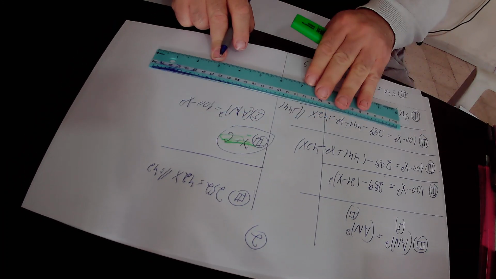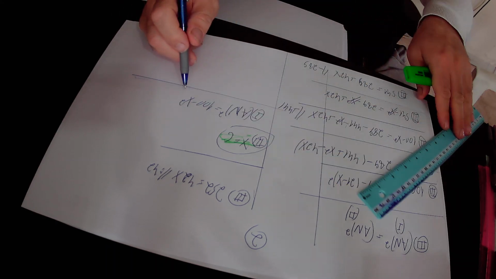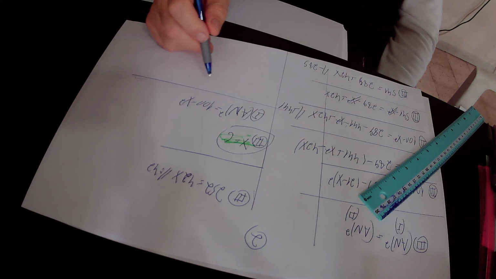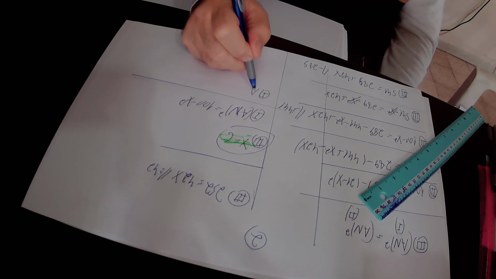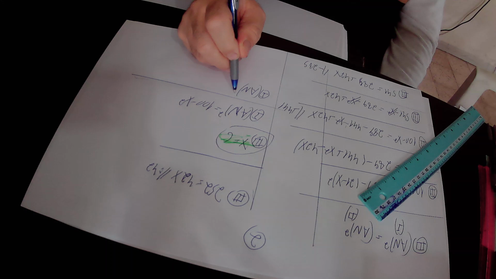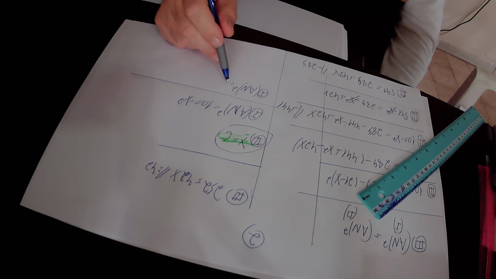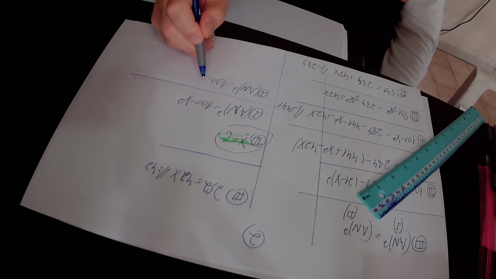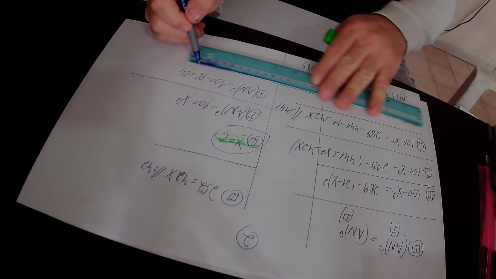We just found out that x equals 6, therefore x squared is 6 squared, that is 36. So AN squared equals 100 minus 36, that is 64.